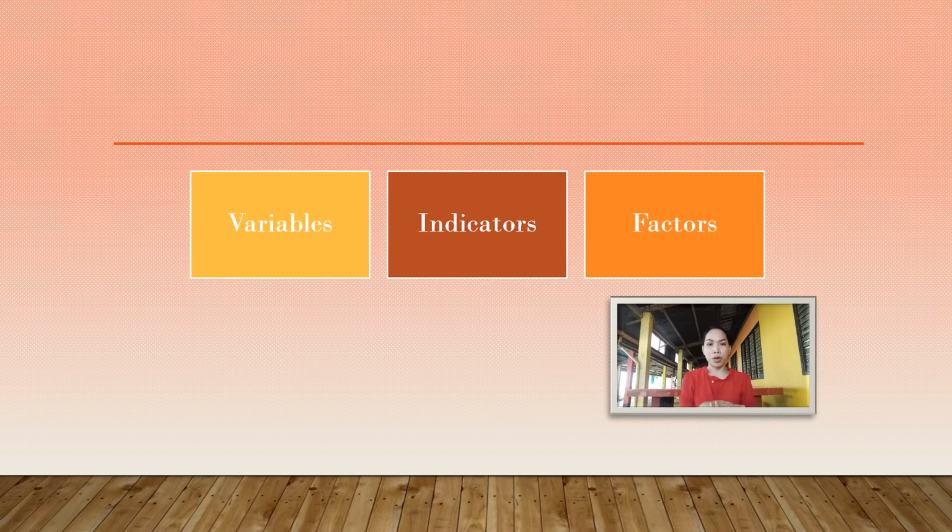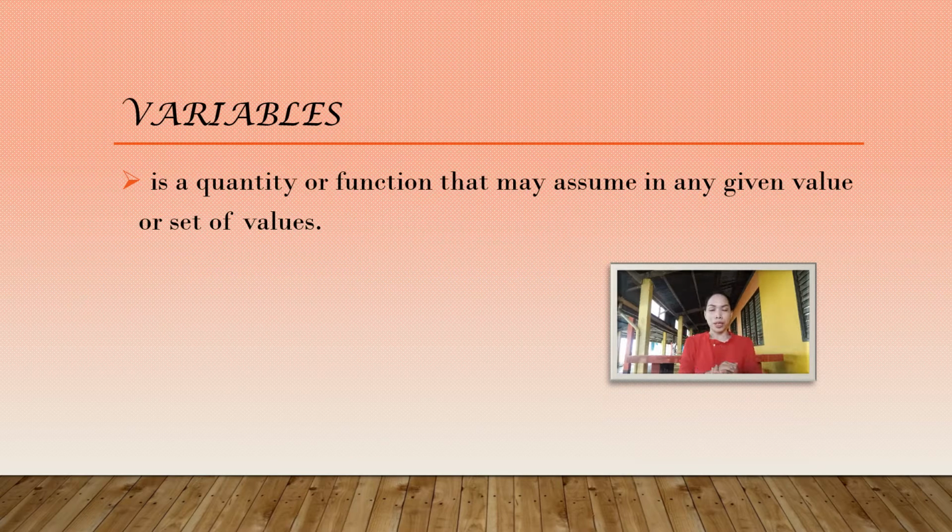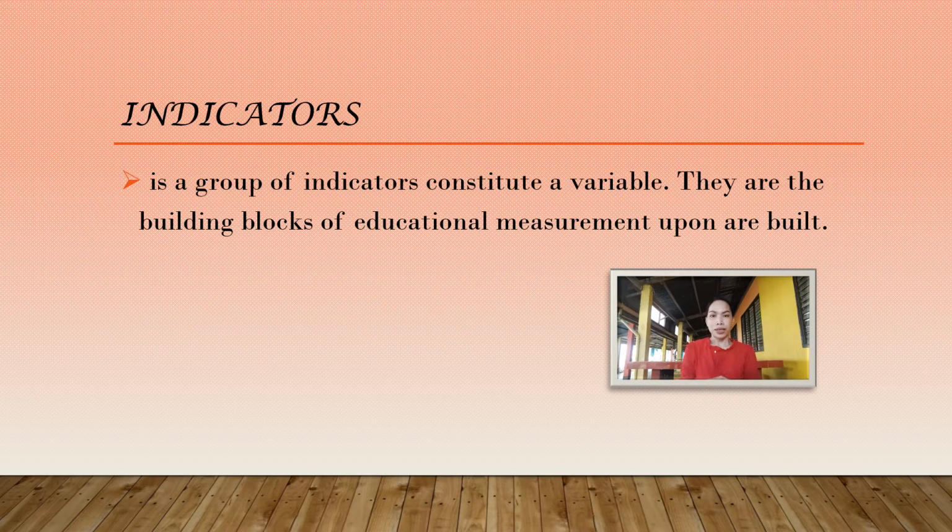Let's move on to indicators, variables, and factors. A variable is a quality or function that may assume any given value or set of values. A group of indicators constitutes a variable.